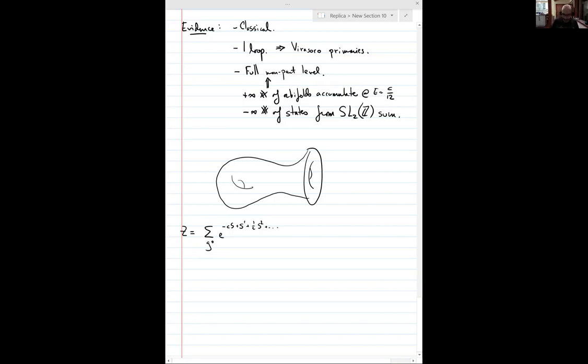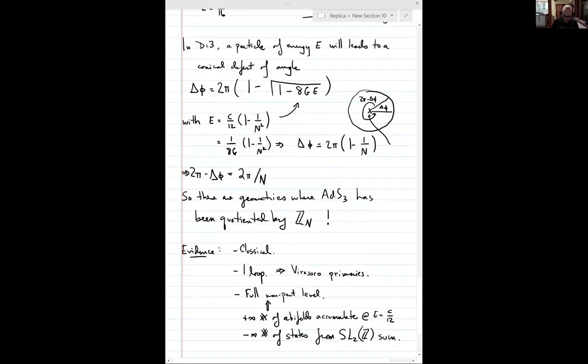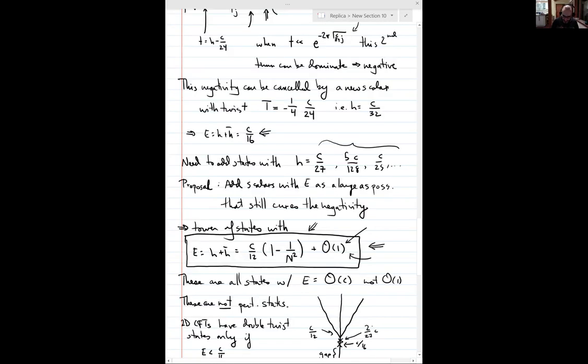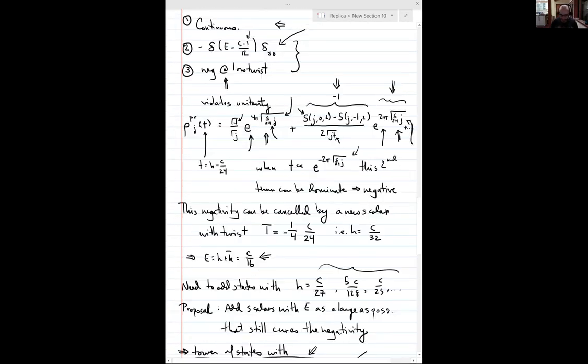So one of the things that you might very well try and do is, I wrote down one term in the density of states here, although I didn't write down the entire thing. This is a square root type density of states, which is the sort of thing that you might be able to get from a random matrix integral.